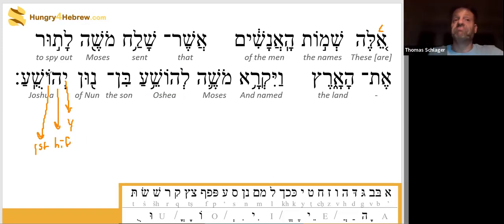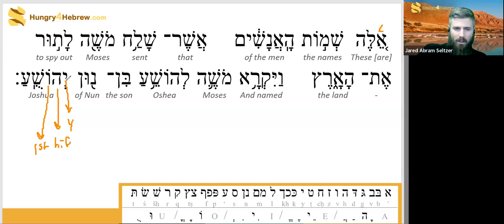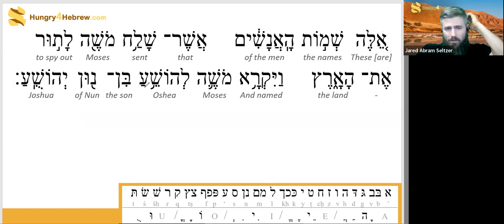Alternatively, you could have Yeho, which is God's name, with the root Shua, which has a similar meaning. Anyway, so there we have options. Yehoshua comes from, or is Moses' name for Hosea.